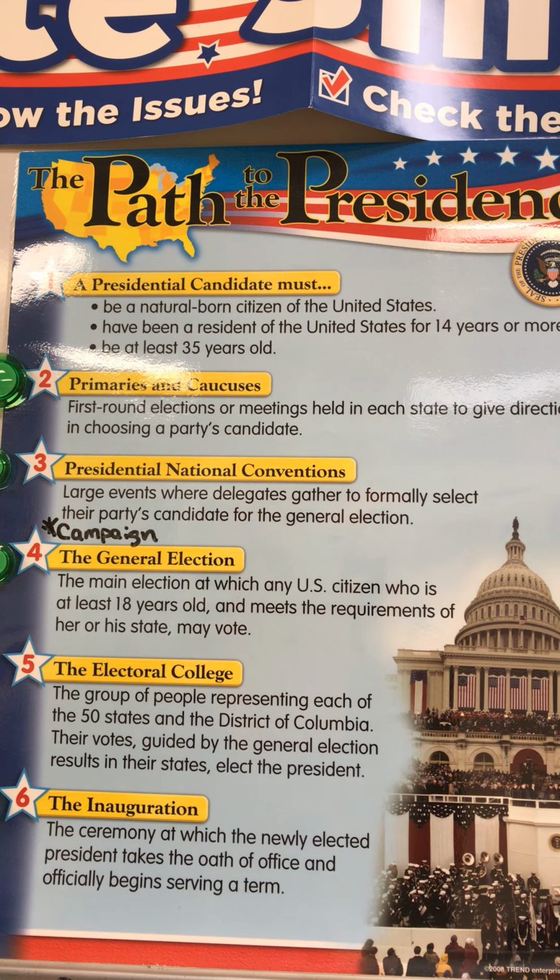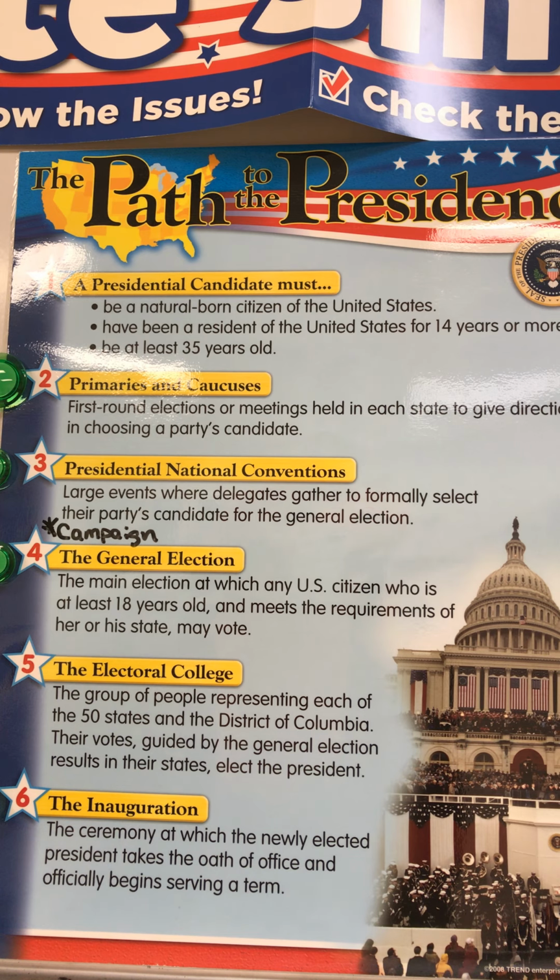We see lots of advertisements, debates, and handshakes during this time. I'm sure you've seen lots of ads on TV, and posters and signs in people's yards. That's all part of the big campaign, August through October.